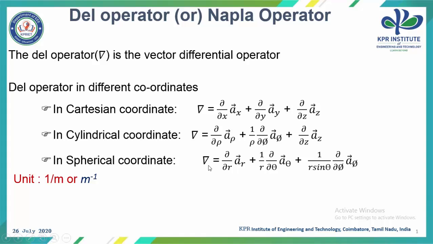In spherical coordinates, del equal to dou by dou r into ar plus 1 by r into dou by dou theta into a theta plus 1 by r sin theta into dou by dou phi into a phi. And the unit of this del is 1 by meter or meter power minus 1.